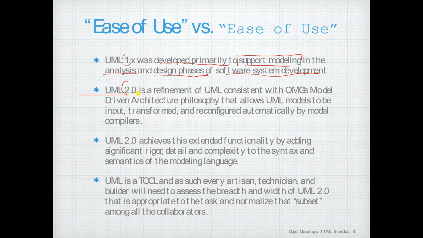UML 2.0 is a refinement of UML consistent with the model driven architecture philosophy that allows UML models to be input, transformed, and reconfigured automatically by a modeling compiler.